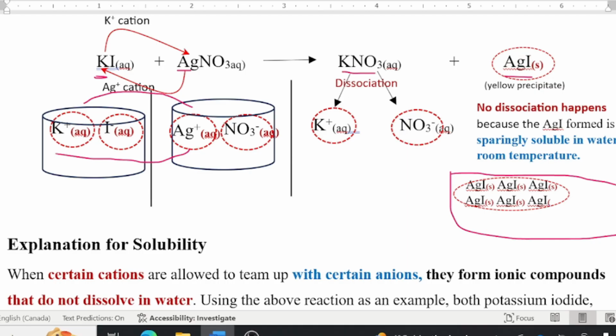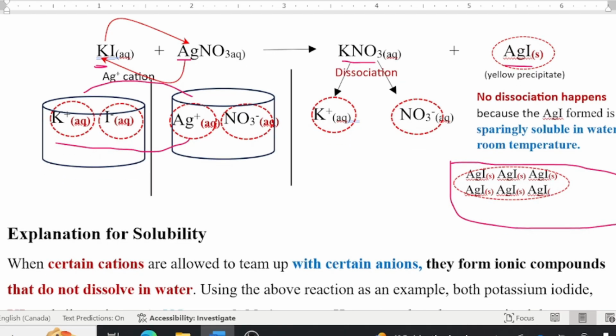Whereas if you have some potassium nitrate crystals and pour them in water, they separate very easily because it is easy to separate the potassium from the nitrate, unlike the silver iodide. The lattice here is very, very stable, so water molecules cannot come in between these ions to separate them and make it dissolve.